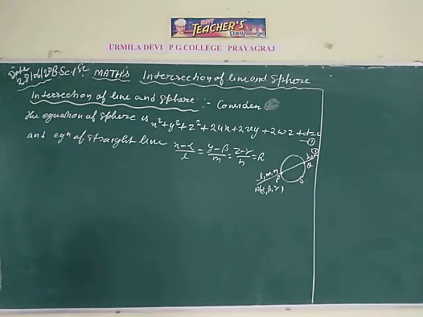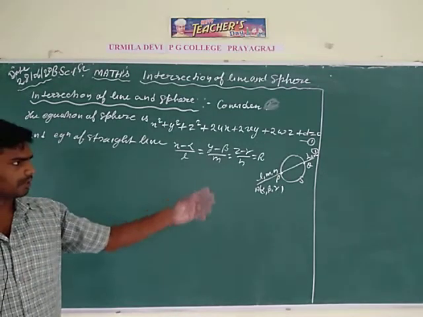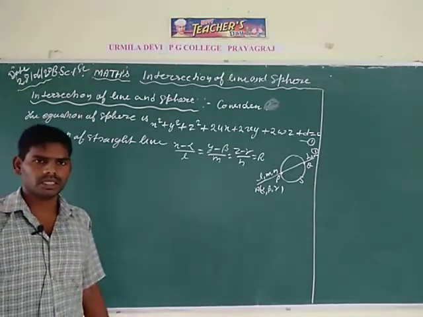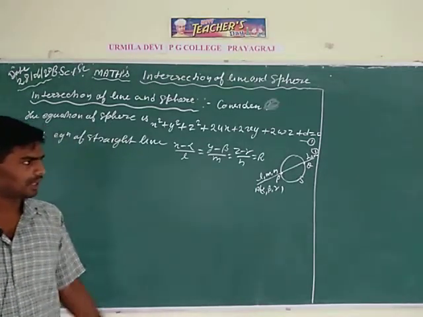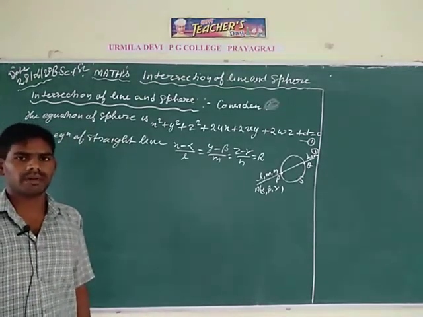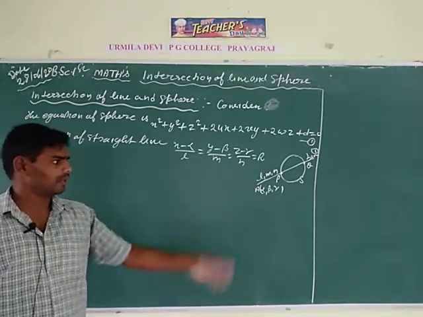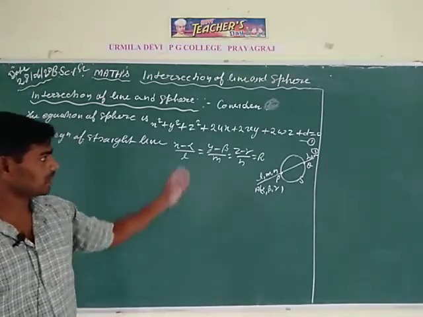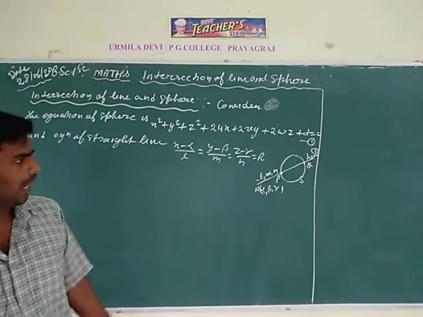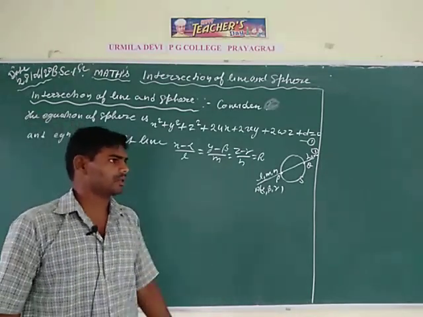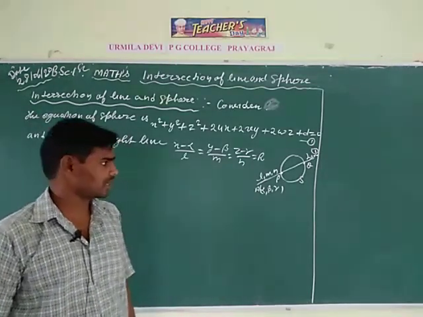So from the figure and the two equations it is clear that if any line intersects any sphere, then the intersecting points will be 2 points, here denoted by capital P and capital Q. A is a point on the given straight line whose coordinates are alpha, beta and gamma, and l, m, n are the direction cosines of the straight line.